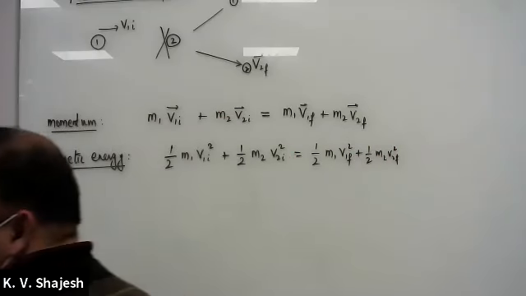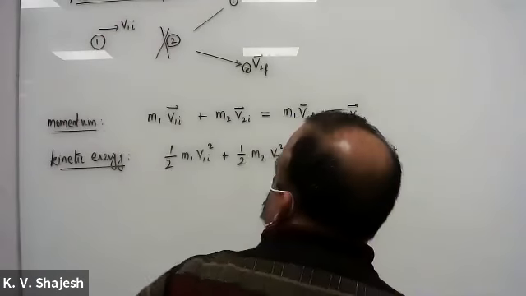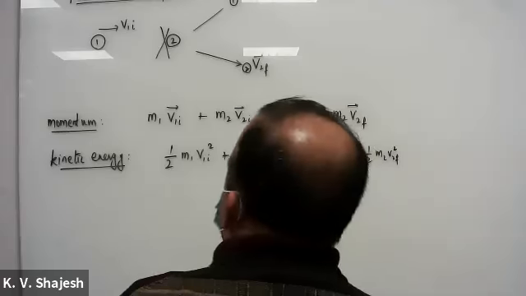And based on this, you can conclude various things. If you're given the initial velocity of both the masses, you can actually talk about what is the angle at which the second mass will go. And if you know the angle, then you can get the velocities of the two final pieces. Let's not do a specific problem there.